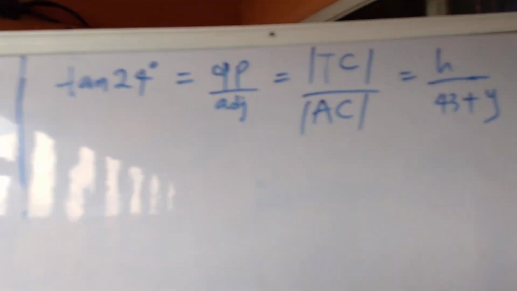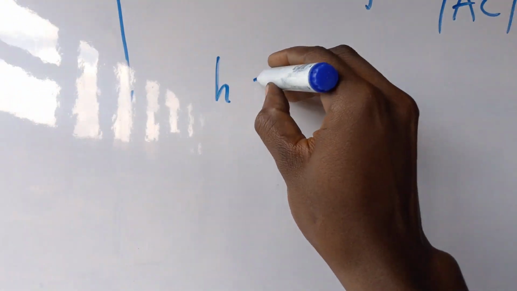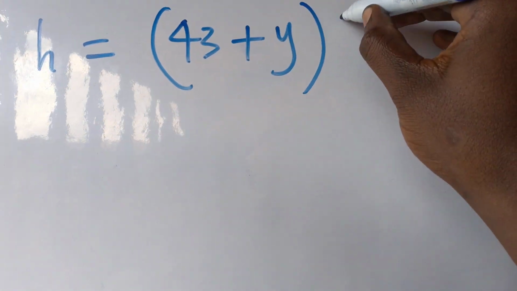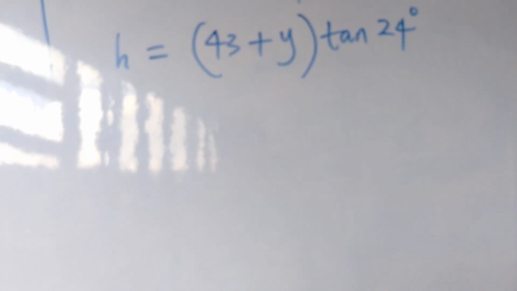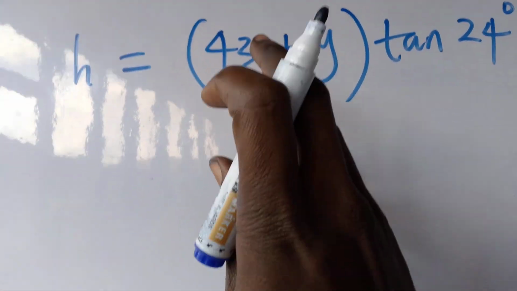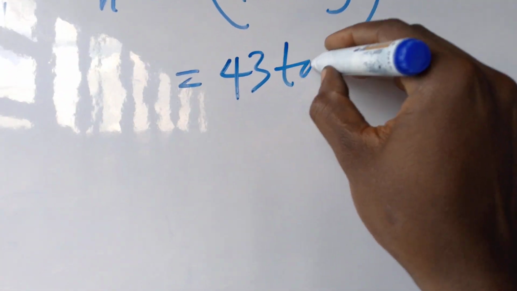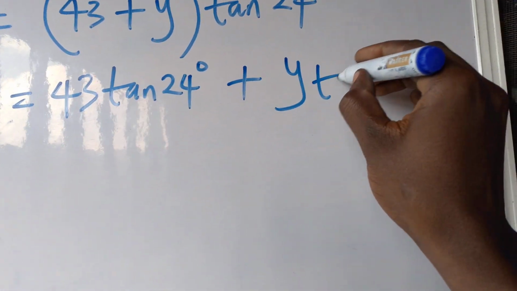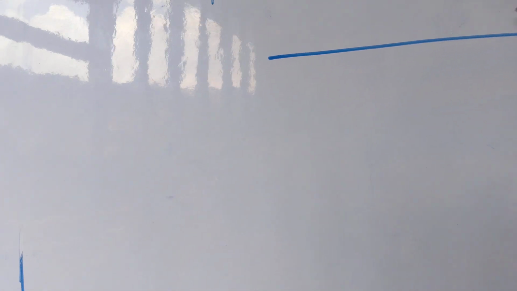If I cross multiply, small h will be equal to 43 plus Y multiplied by tan 24 degrees. If I expand that, that is 43 tan 24 degrees plus Y tan 24 degrees, which I can call equation 2. This is H.